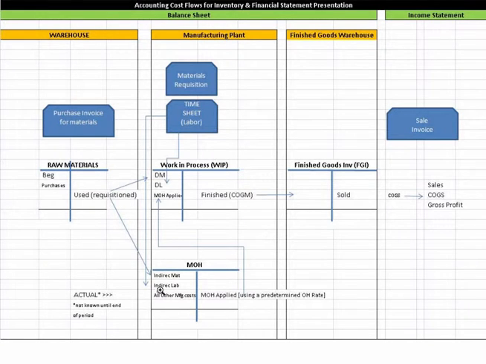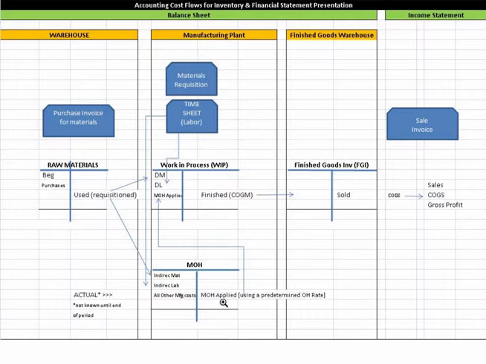Then MOH. Notice here is an interesting and sometimes complicated concept for some people. MOH, or overhead, has debits coming from indirect materials that are used as you produce. These are actual costs on the left side: indirect labor, and also anything in all the other overhead accounts. Actual costs go into the debit side, but that's not what gets transferred over to the WIP account. The credit is determined differently.